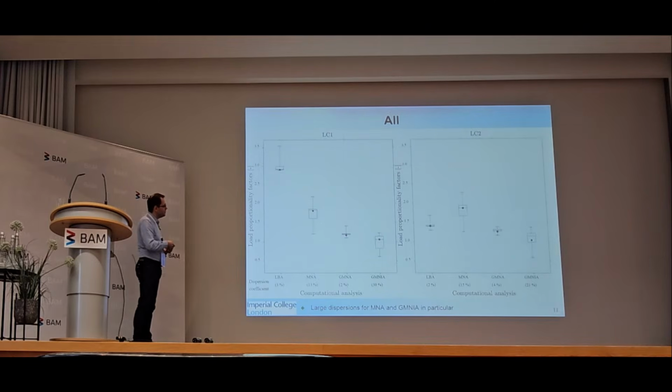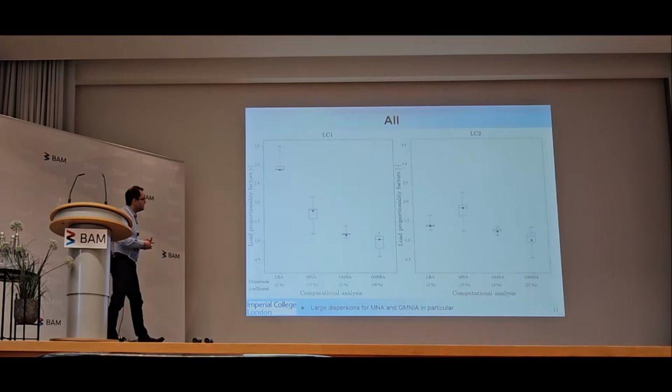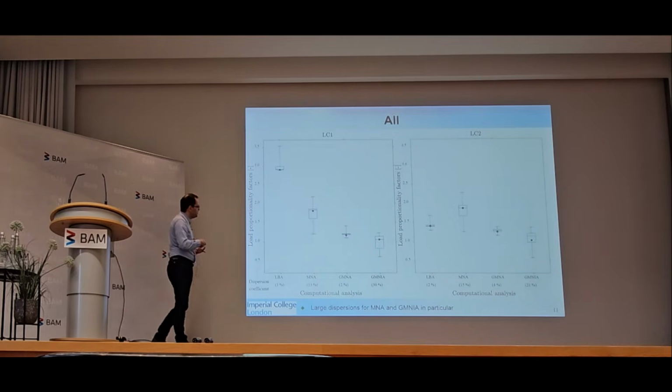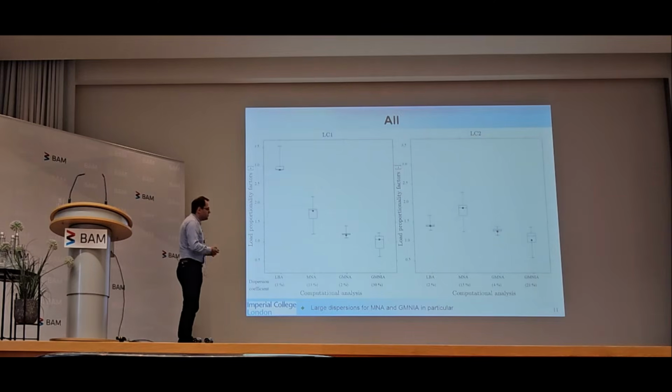This is the interquartile range normalized by the median. It is largest for the MNAs and the GMNAs. The MNAs because of the different material assumptions and the different termination criteria, and the GMNAs for that, and also for all the different assumptions relative to imperfections that you can make.